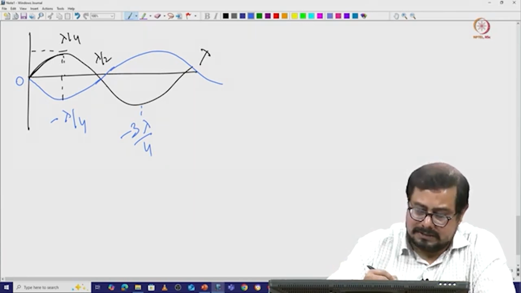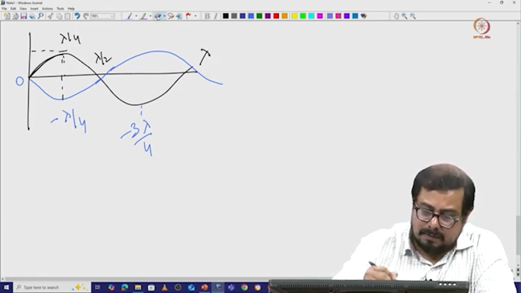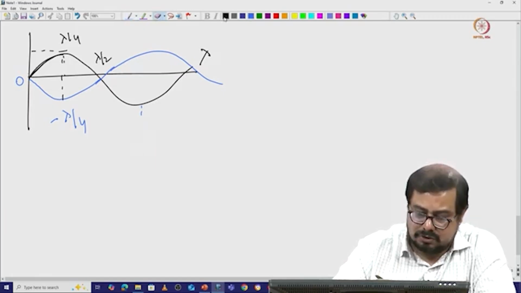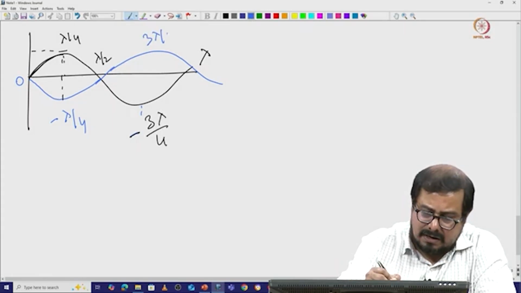This one is the black one. It will be better to use this one, where we have minus 3 lambda by 4, and this one is 3 lambda by 4.